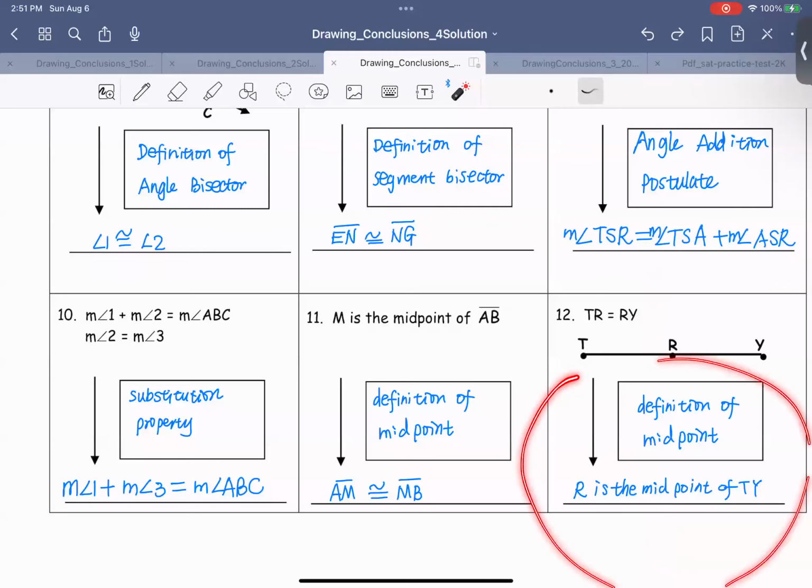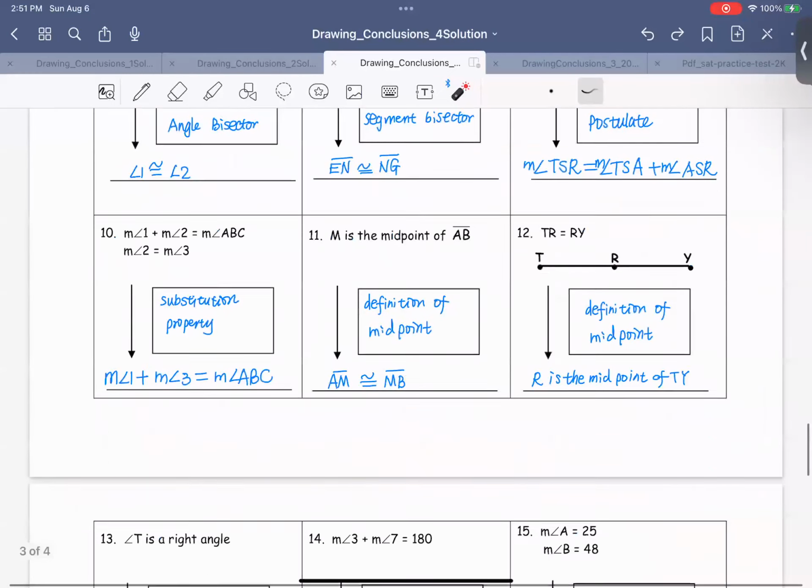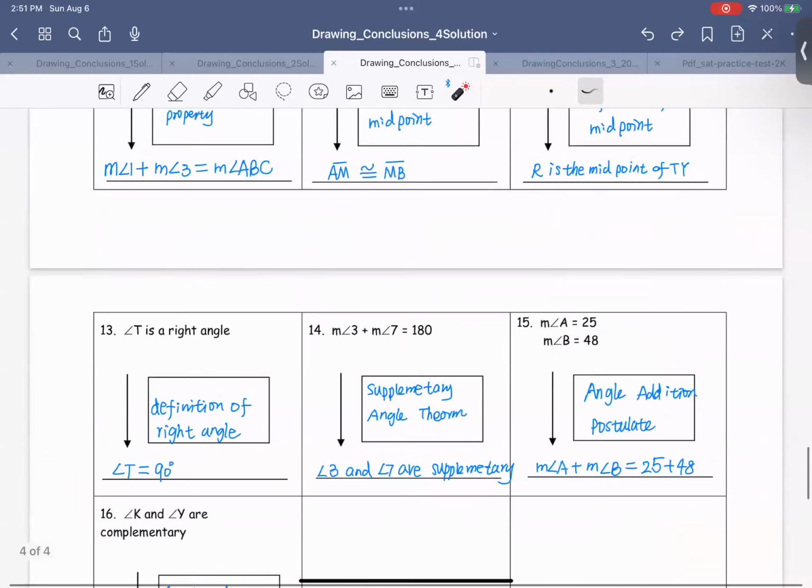So when you do the proof, it depends on what you want to prove. If you prove the triangle congruency and you end up saying these two pieces are congruent, and your final question is to prove R is the midpoint, then this is the thing you are going to use.